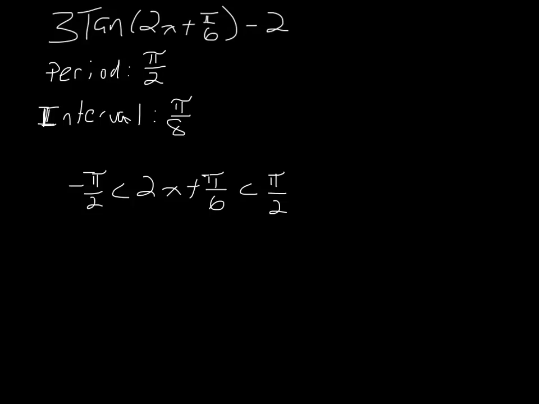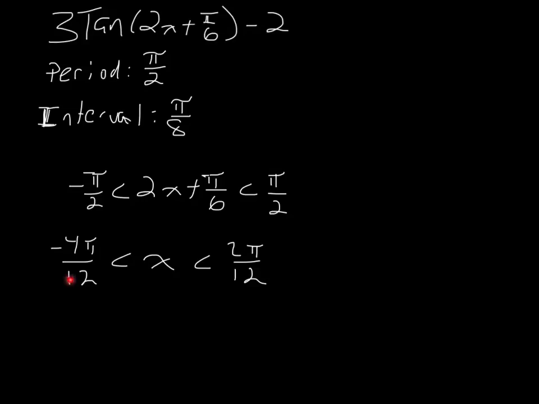And then subtracting pi over 6 from both sides and dividing by 2, I get negative 4 pi over 12 and 2 pi over 12. Now, what you should notice is that your denominator for the interval is 8.